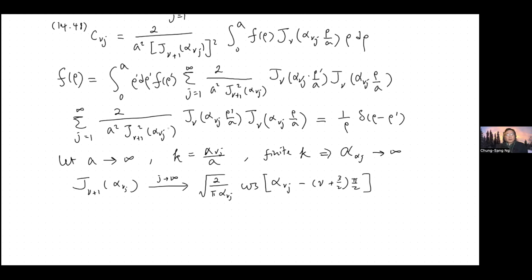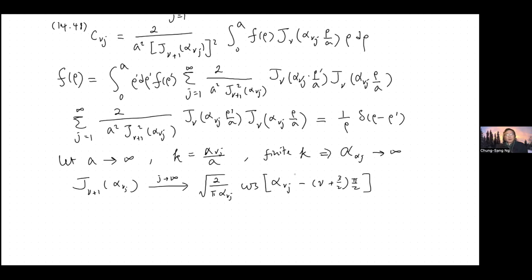This will go into a because all this alpha goes to infinity, and so this summation over j becomes an integration over k, right? And the summation is for integer j, so each time j increases by 1, alpha nu j becomes alpha nu j plus 1.